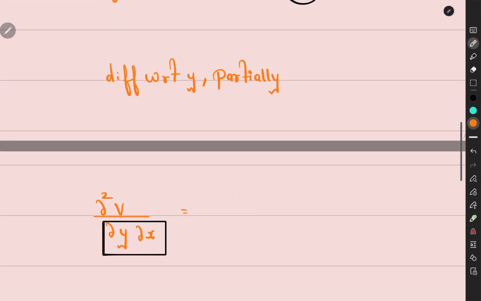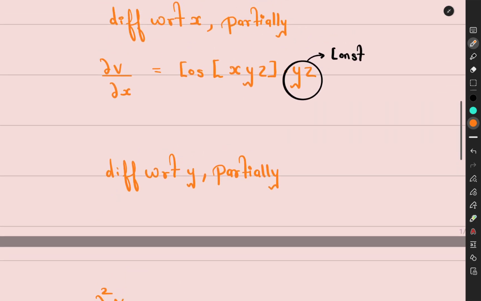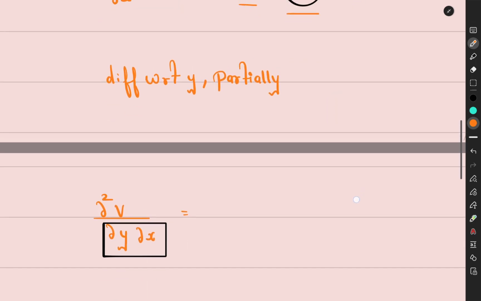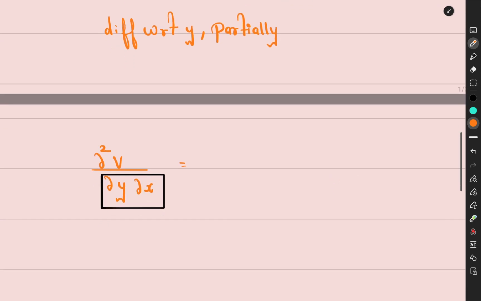Since I am differentiating partially with respect to y, it requires a UV rule, because as you can see there are two y's, one outside the cos and another inside the cos. So it is asking me to apply a chain rule as well. And remember, since we are partially differentiating with y, all other variables, for example x and z, will act as a constant.